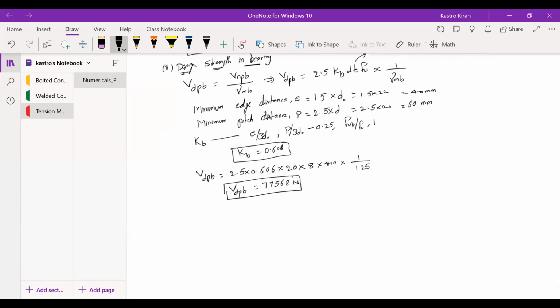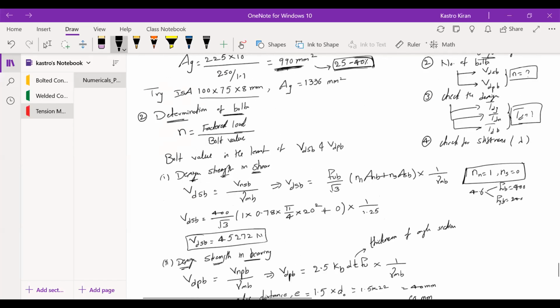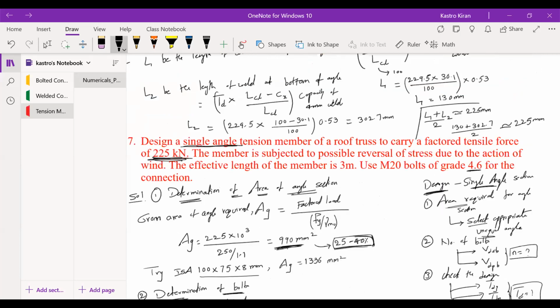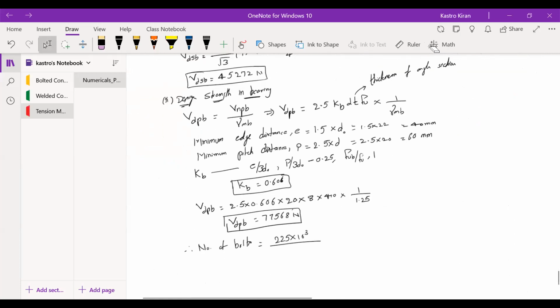Okay, so ultimately what we have to find out, therefore, is the number of bolts, which equals factored load by bolt value. The factored load is given in the question as 225 kilonewtons, which I am converting into newtons, and the bolt value is the least of strength in shear and strength in bearing.